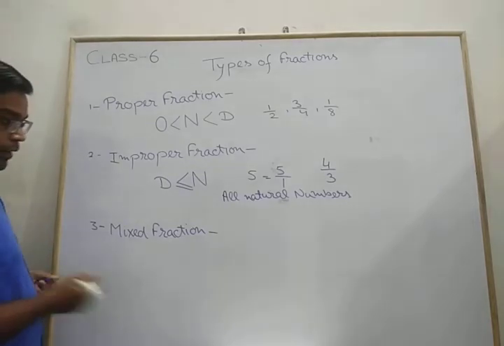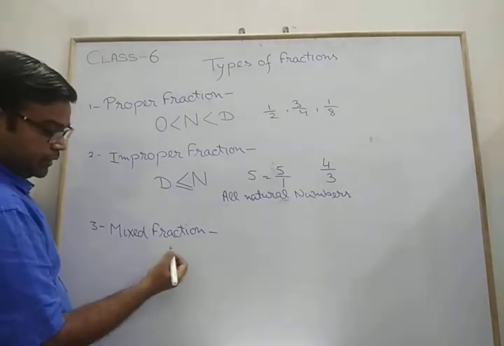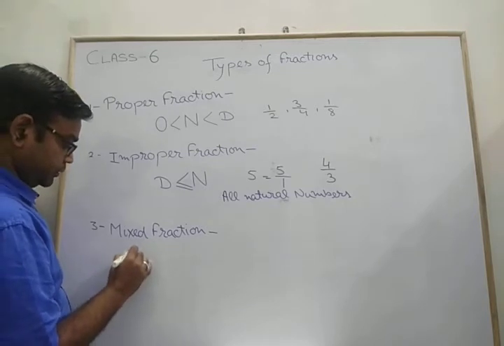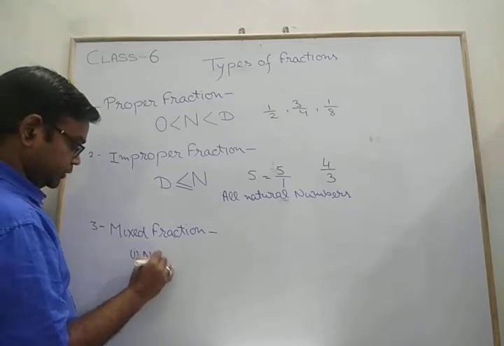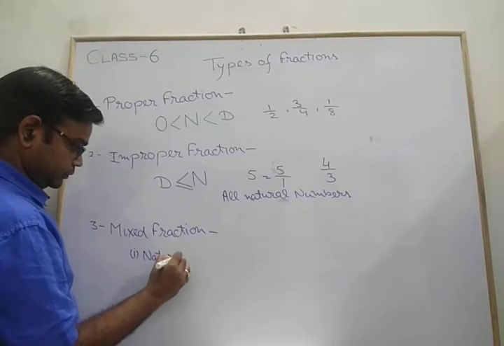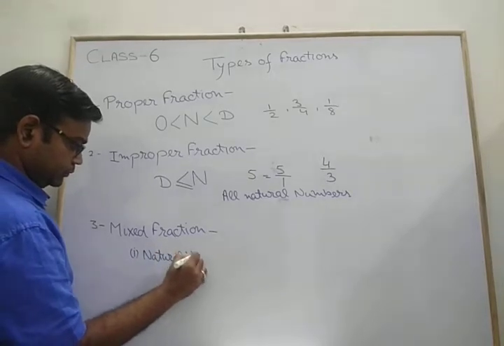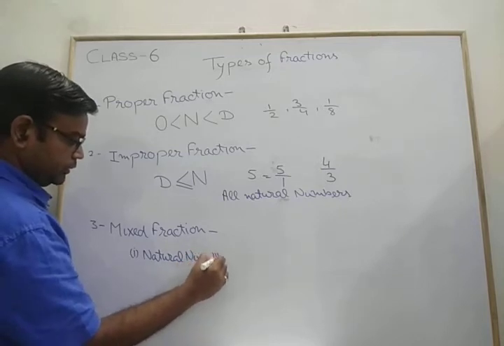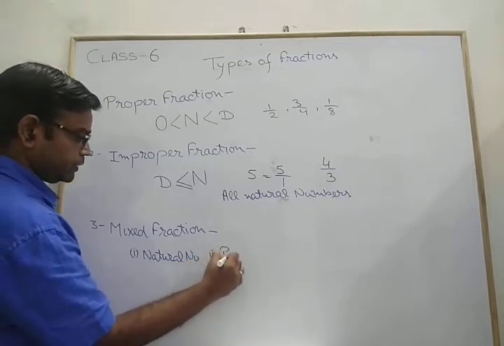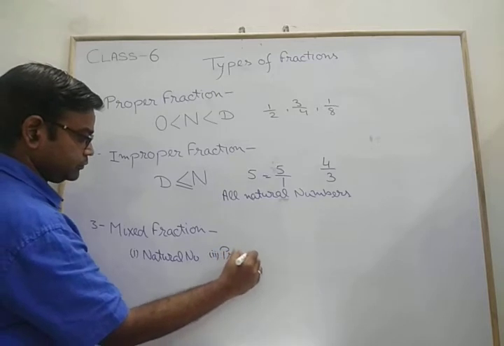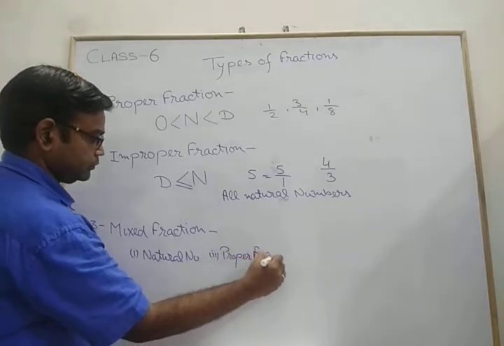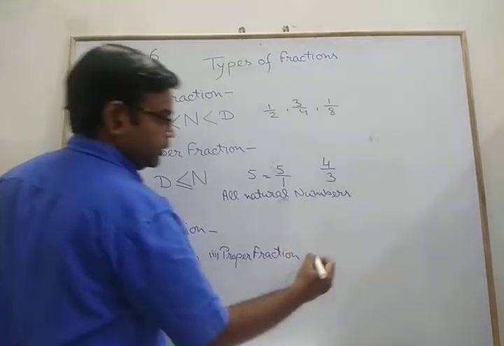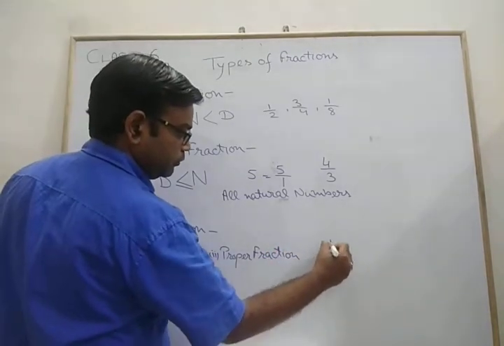Take some examples. We must know that it consists of two parts: a natural number, and second, a proper fraction. For example, 1 whole 1 upon 3.